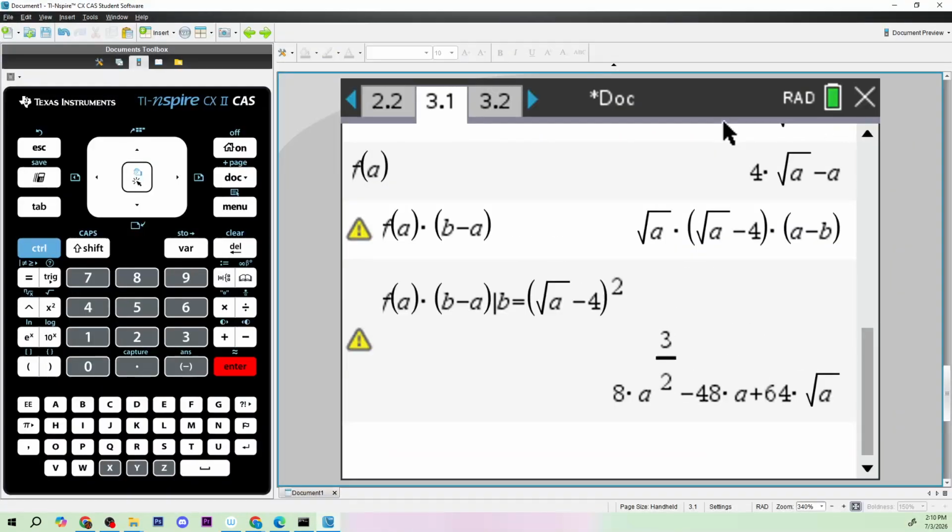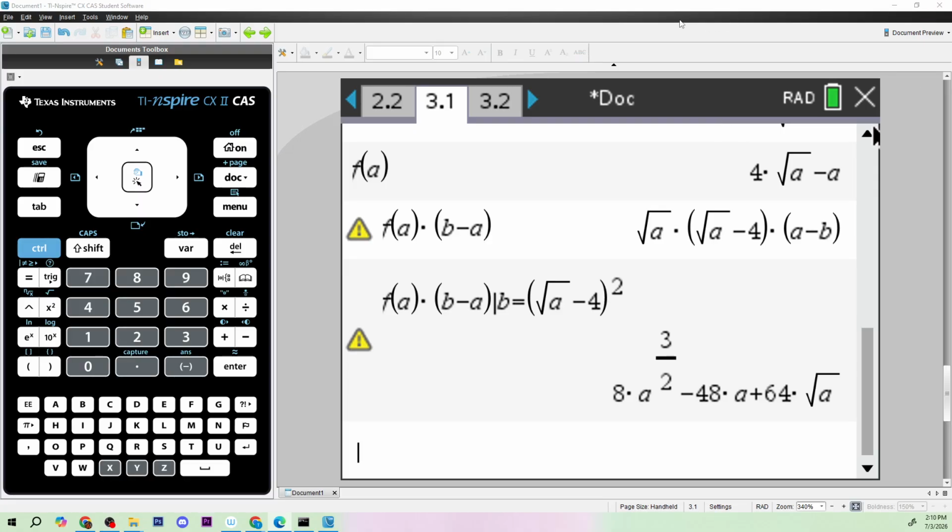For simplicity's sake, I'm just going to leave it as f of a bracket, so I'll use square bracket and we'll have a round bracket, a take away 4 squared take away a. I'm just going to leave it as that because that's the most straightforward.